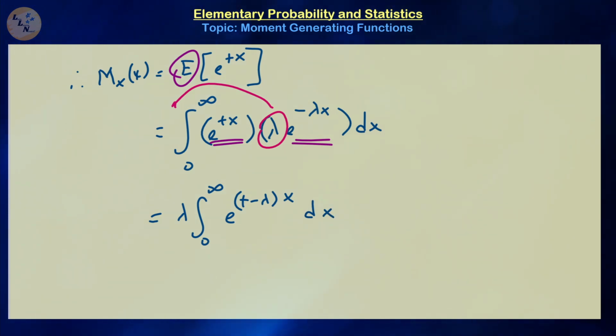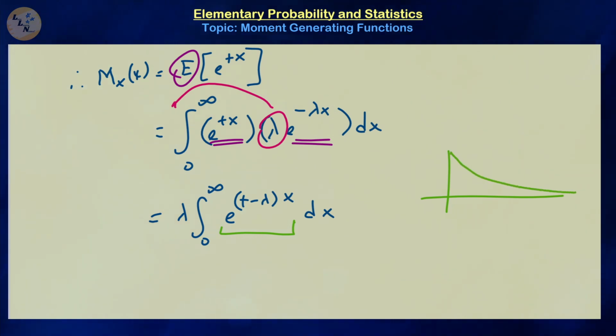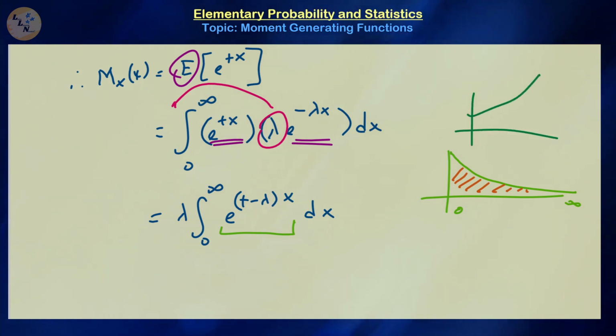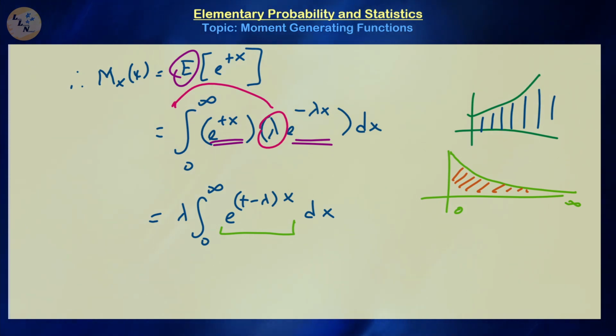Now keep this in mind that this integral only converges if this is an exponential decay curve, right? So the only way that the area underneath this curve is bounded, because we need to go from 0 to infinity, is if this is a decay curve. If it was an exponentially increasing curve, this integral would go to infinity and hence not exist.